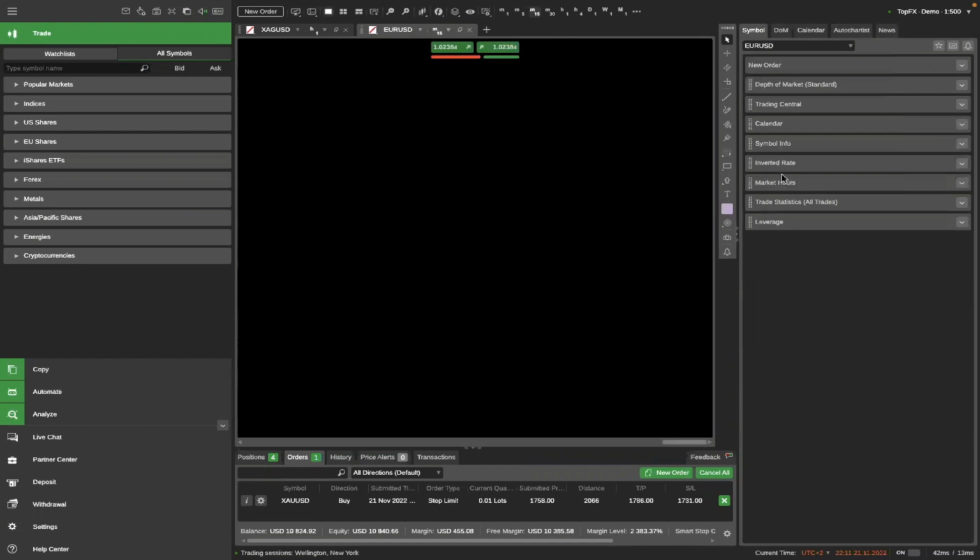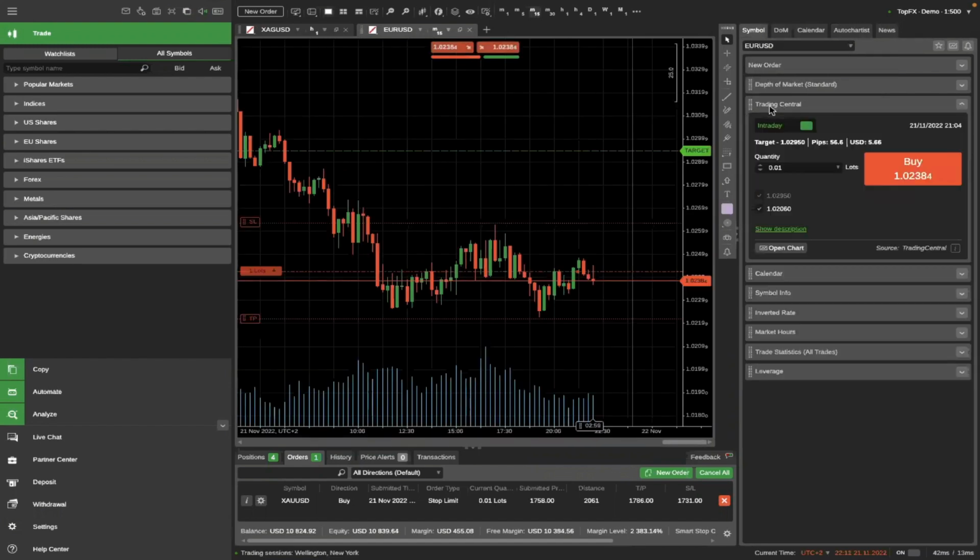There you go, market hours, Trading Central, euro dollar, and as you can see, we got some Trading Central setups here as well. So using Trading Central and using Autochartist can save you plenty of time for your analysis and for your research.